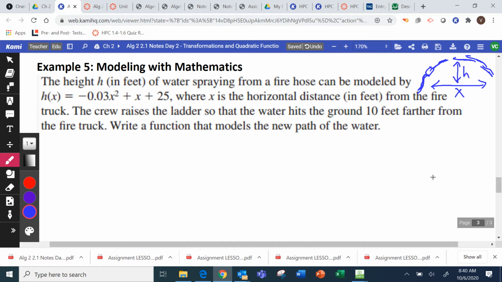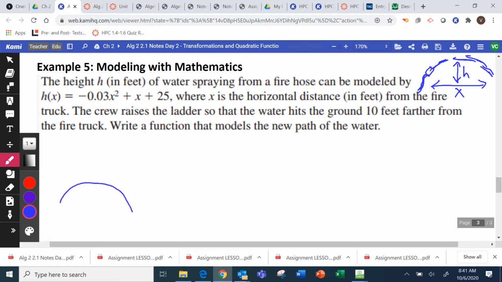The crew raises the ladder so that the water hits the ground 10 feet further from the fire truck. Write a function that models the new path of the water. So it was here.